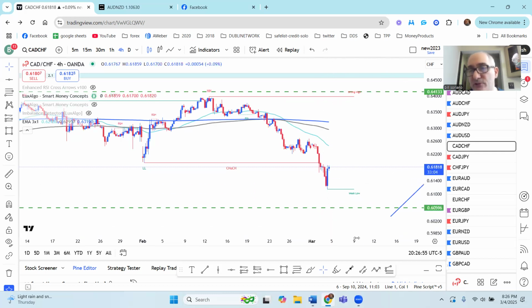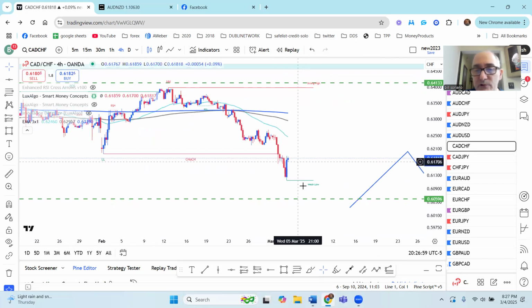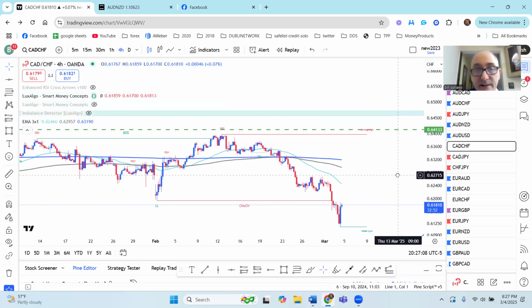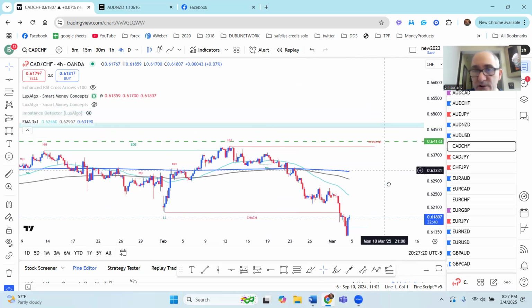It would be a break of structure. We get a break of structure to the downside, and then we would be able to identify a new supply zone to trade from, or we get a move up, right? And you could actually say that this would be a change of character once it moves above this line, but because you have this valid 4-hour supply zone right here, that would not be a valid change of character.